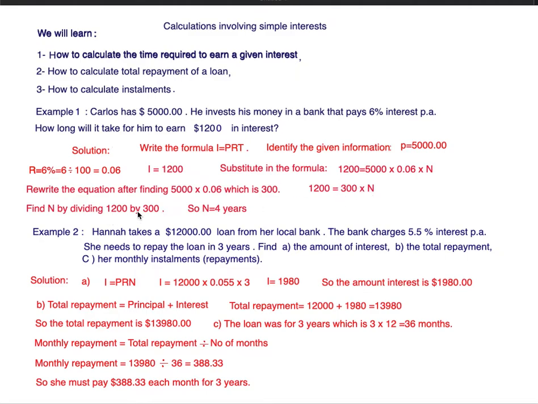So 1,200 divided by 300 gives us 4. So 4 years he needs to leave his money in the bank in order to earn an interest of $1,200.